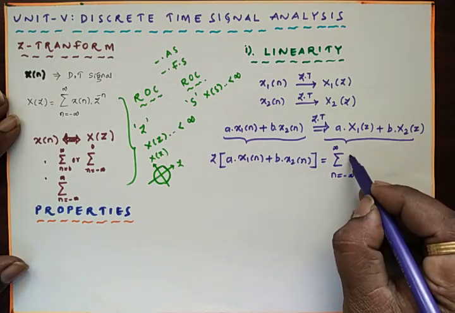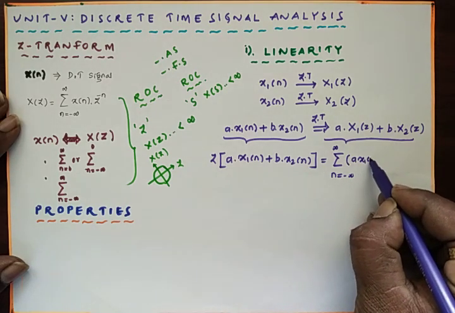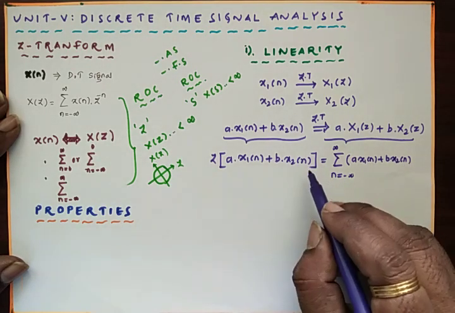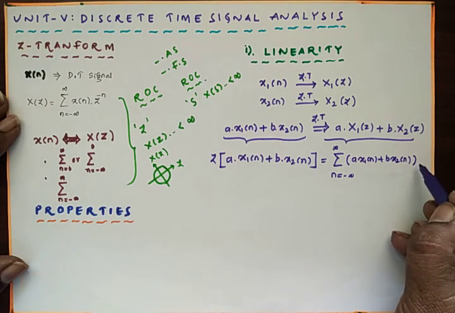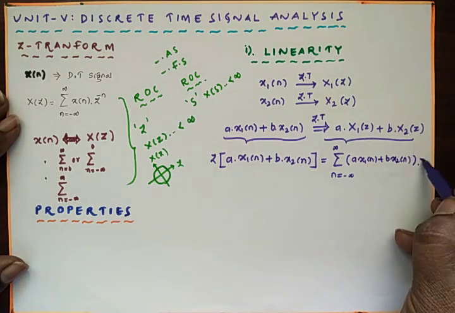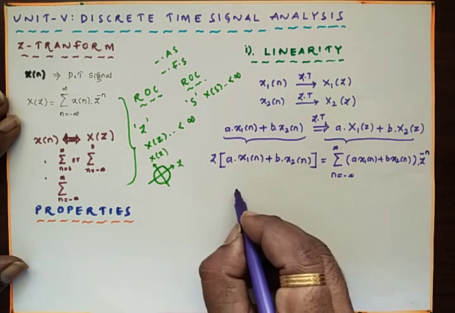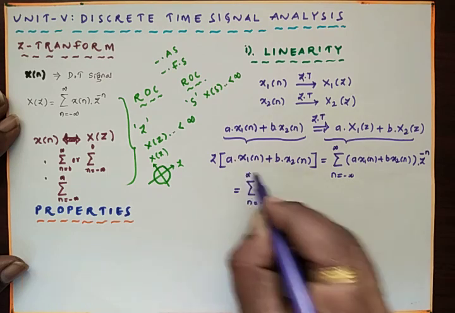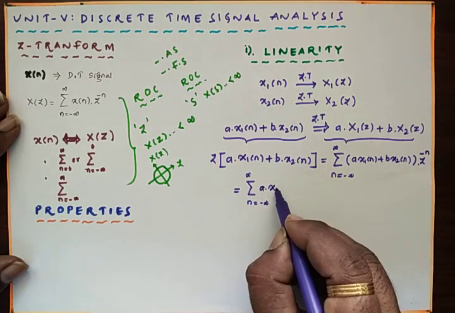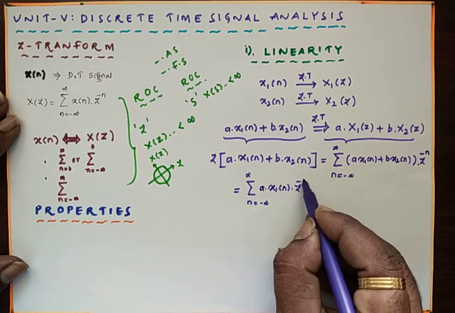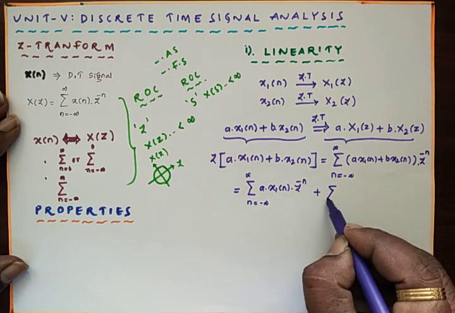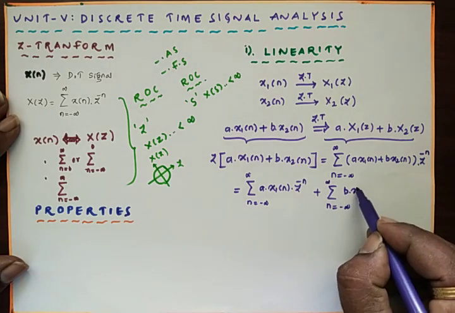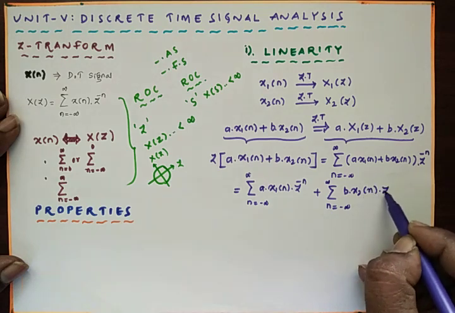In place of x of n, we write a into x1 of n plus b into x2 of n, into z to the power of minus n. Now I can write sigma n equals minus infinity to plus infinity of a into x1 of n into z to the power of minus n, plus sigma n equals minus infinity to plus infinity of b into x2 of n into z to the power of minus n.